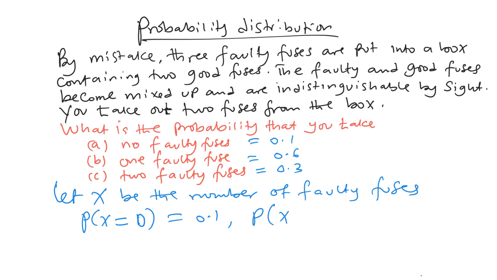Probability of x equals 1, we can write as 0.6. And then the probability of x equal to 2 is 0.3.